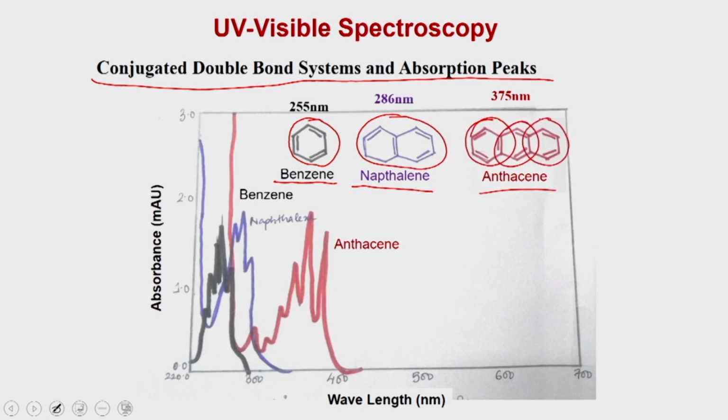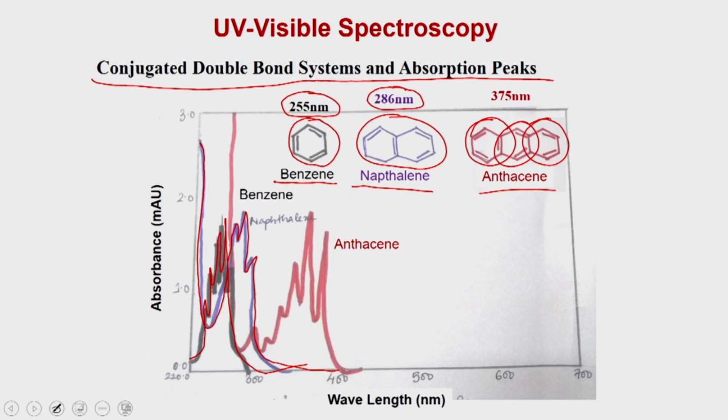The black colored spectrum corresponds to benzene, which absorbs in the UV range and gives a lambda max at 255 nanometer, whereas naphthalene, with the two-ring conjugated system, absorbs differently. The blue spectrum corresponds to naphthalene, and it gives a lambda max at 286 nanometer.